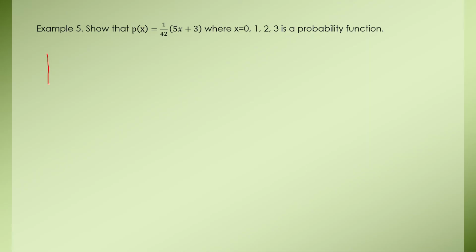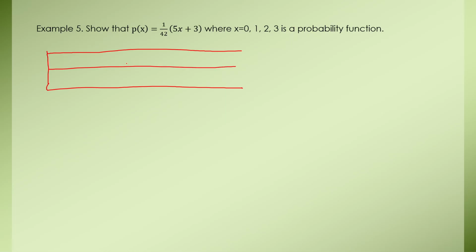So if we're going to make a table here, if this is our x, p, starting with 0, 1, 2, and 3. So we need to substitute the value for this one to get the probability functions here.